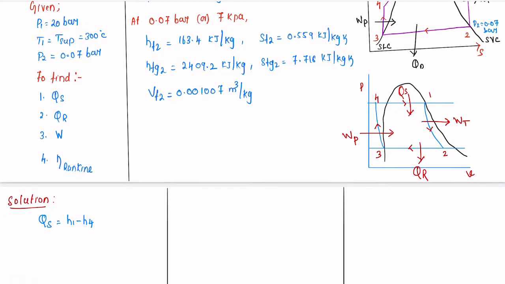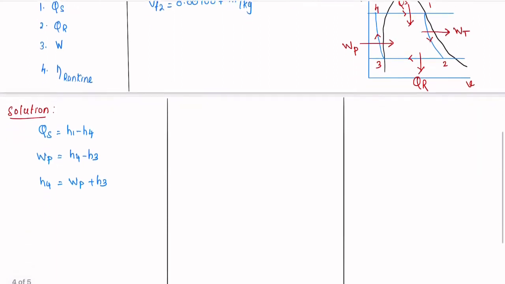From this, we have the pump work Wp, which is equal to H4 minus H3. From this, the value of H4 can be calculated. H4 will be equal to Wp plus H3.